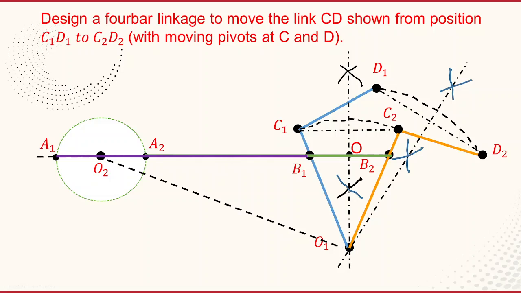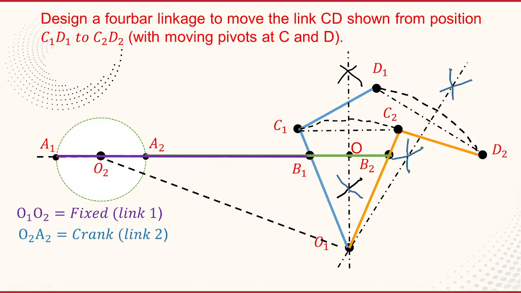Then the bell crank lever O1 B1 C1 D1, pivoted at O1, moves forward and reaches the other extreme position. Here O1 O2 acts as the fixed link. O2 A2 acts as the crank, link number 2.